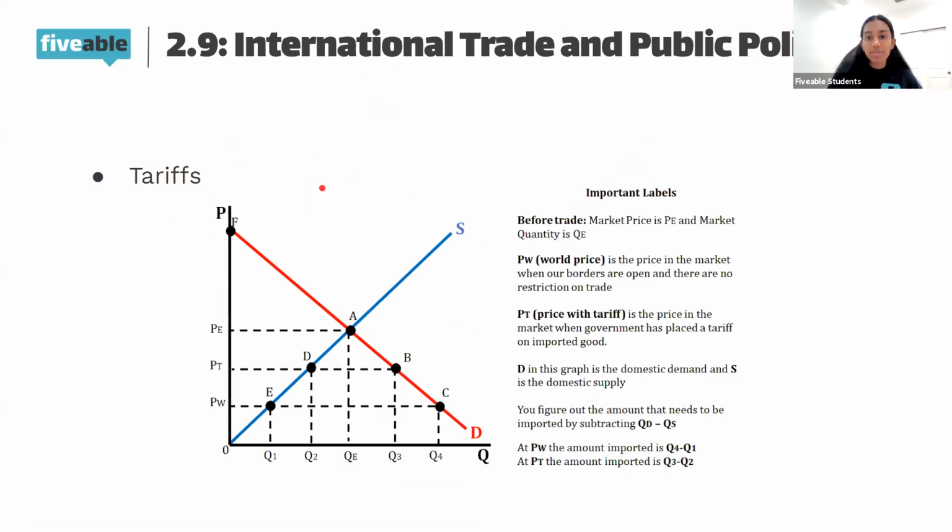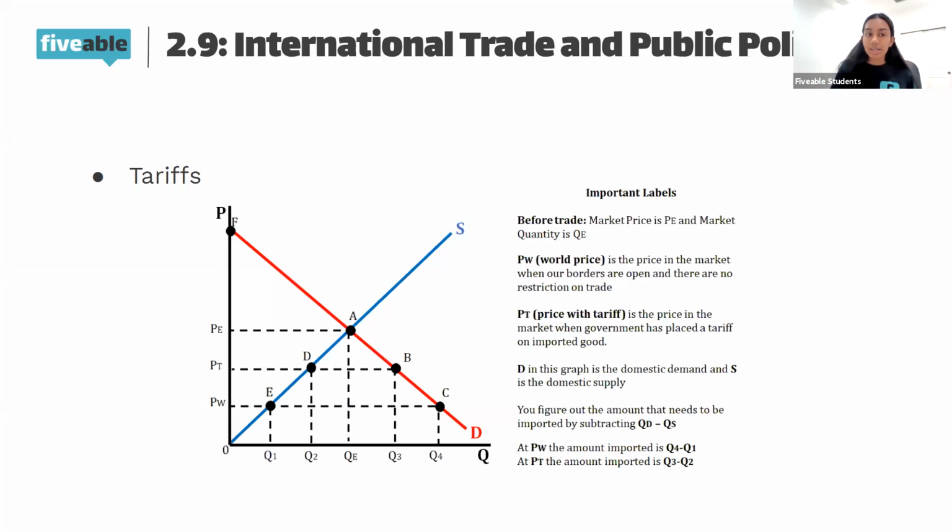And there's tariffs. Tariffs are when the government places a tax on foreign goods coming into a country, and that helps protect domestic goods, because obviously foreign produced goods are a lot cheaper when they're coming from other countries that are more known for manufacturing things versus domestic goods.